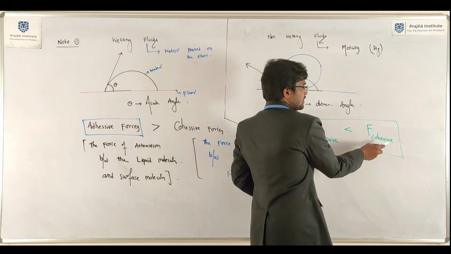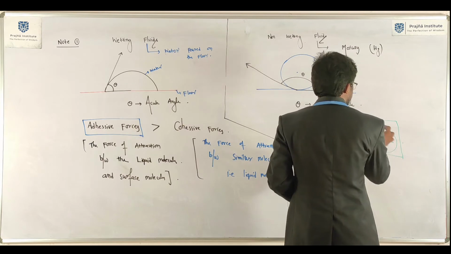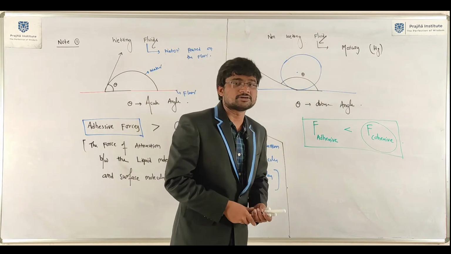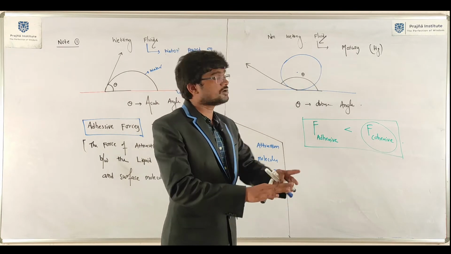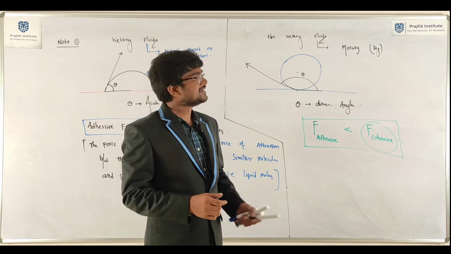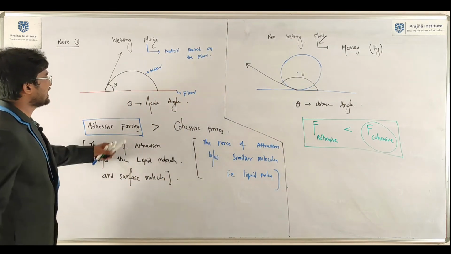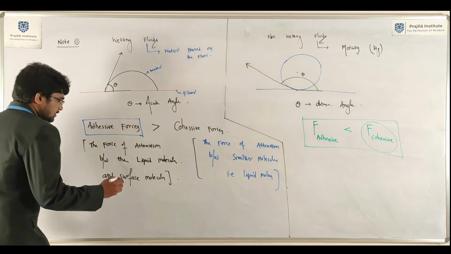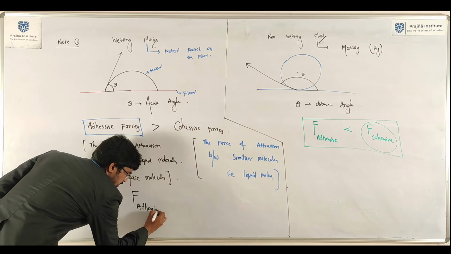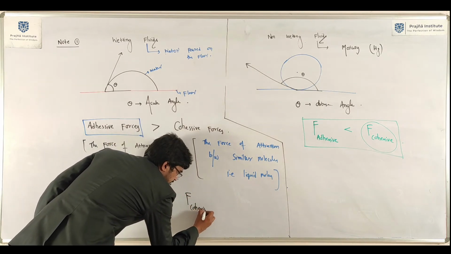That is why it can't wet the floor. So non-wetting fluid is the example, and theta will be an obtuse angle. Here theta is an acute angle. Here F adhesive will be greater than F cohesive.